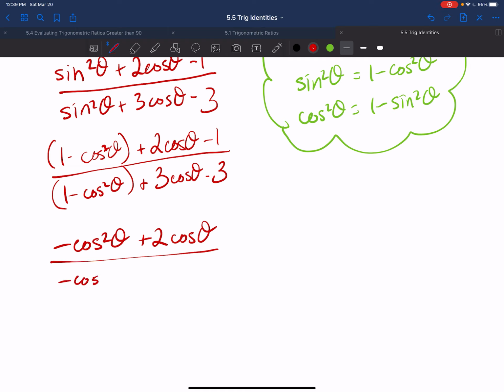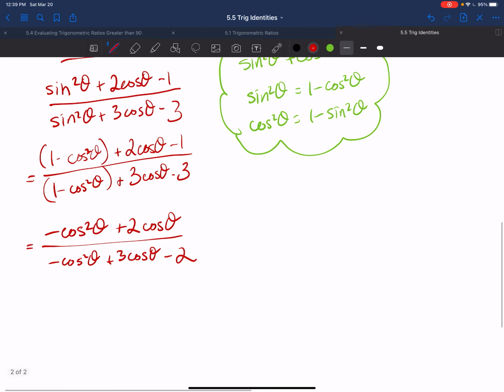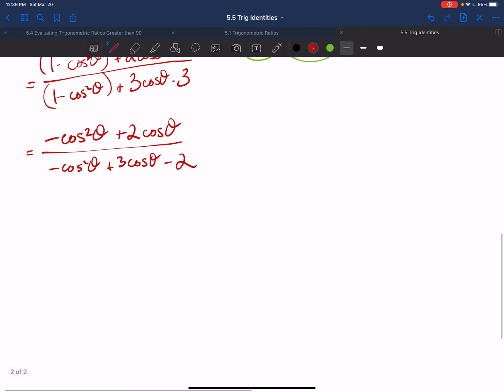Again, on the bottom, negative cos squared theta plus 3 cos theta minus 2. And I have totally forgotten what the right side is right now. I have no idea. So your goal is to get it to be equal to the right side, but usually you're just going to have to factor and do a whole bunch of stuff, simplify as much as possible, and then check in on the right side and see, okay, am I getting close to that, or did I get there already?